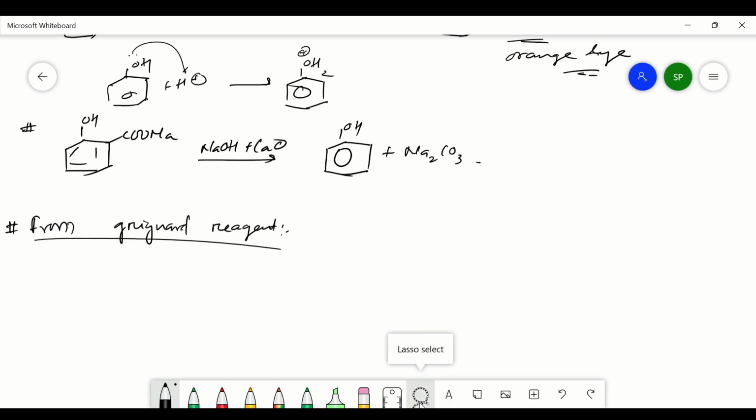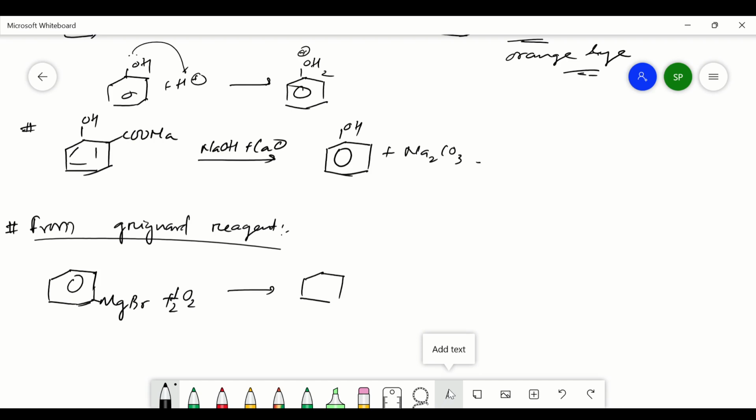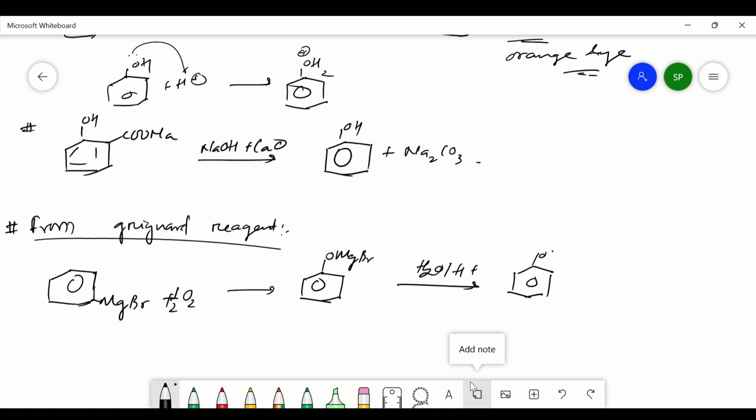If we react phenyl magnesium bromide, MgBr, with oxygen, this will produce OMgBr, and upon hydrolysis this produces phenol.